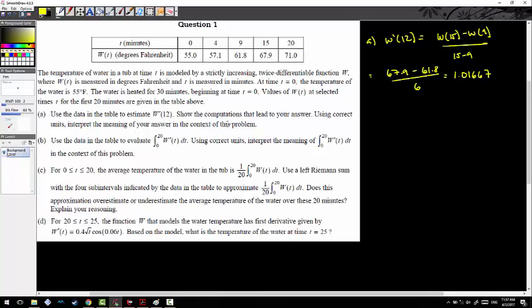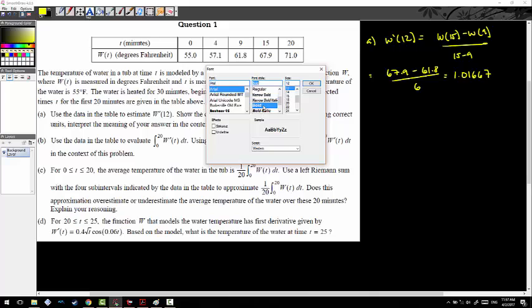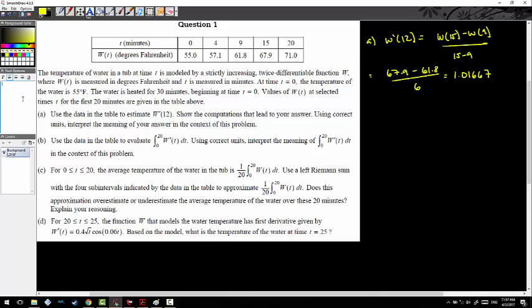Using correct units, interpret the meaning of this problem. Okay, well, using the correct units, I'll go and explain that in my answer here as I go to my typing tool here. Well, the rate at which the temperature is increasing is going to be this number right here, when time equals 12. So that's all I have to write.